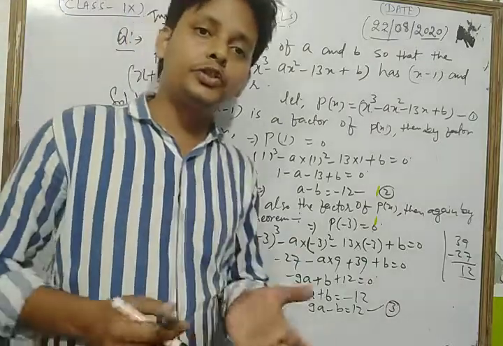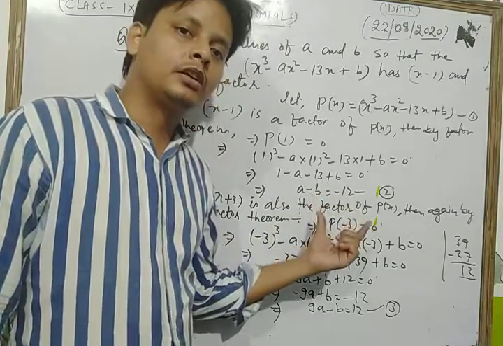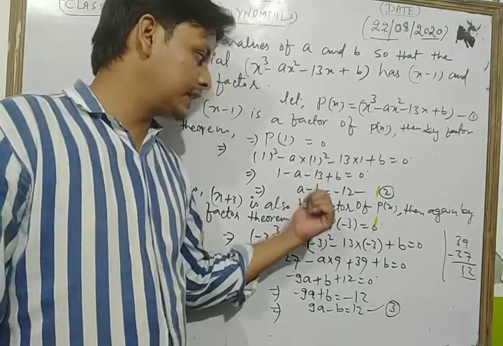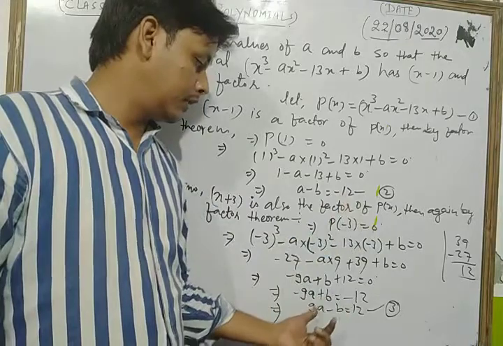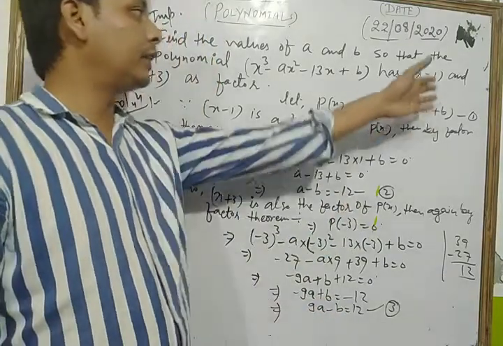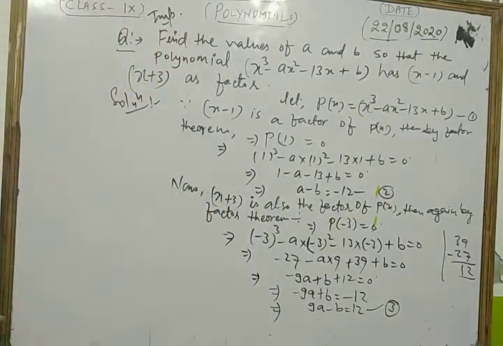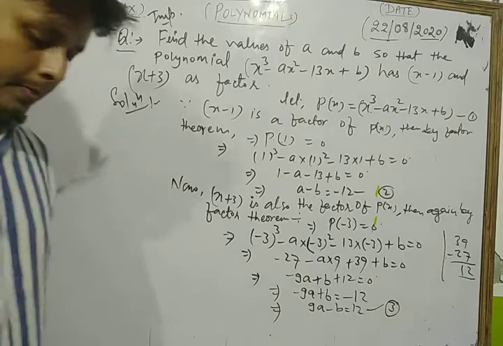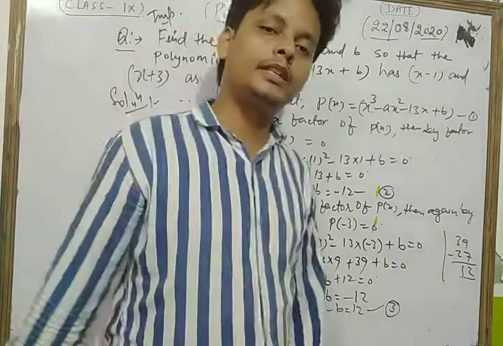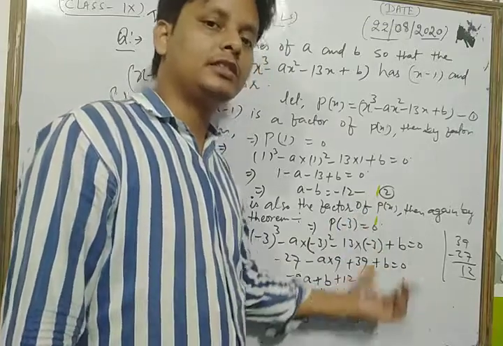Dear students, in this way we form two equations: the first is a minus b is equal to minus 12, and the second one is 9a minus b is equal to 12, when we apply both the conditions. Now dear students, we solve equations 2 and 3 because these are linear equations.